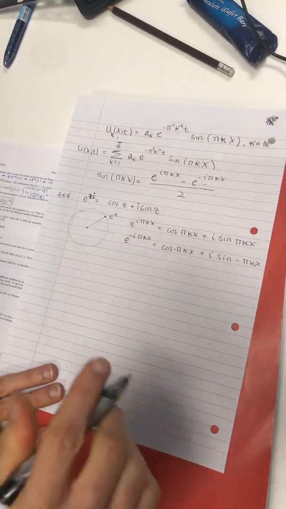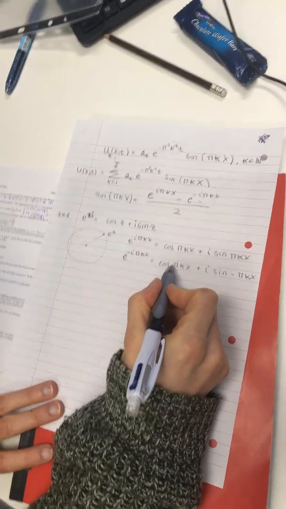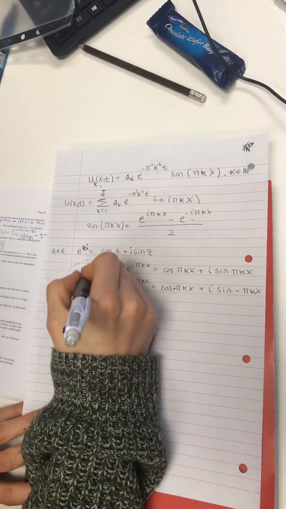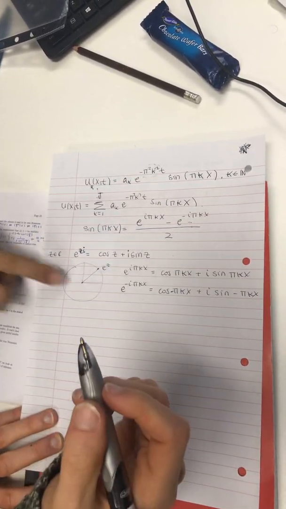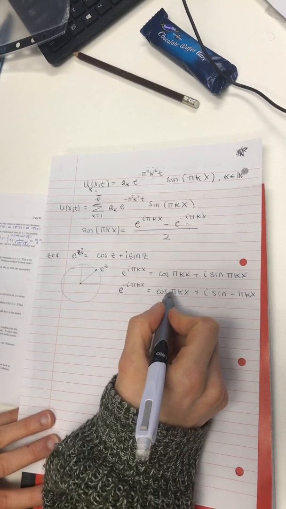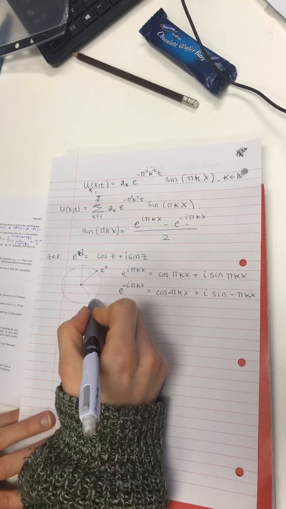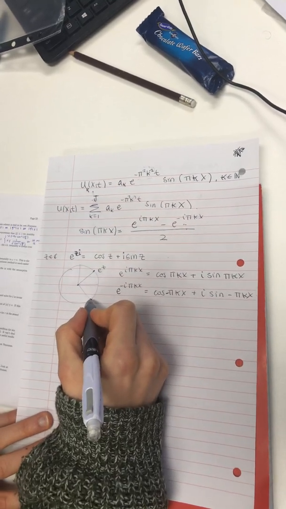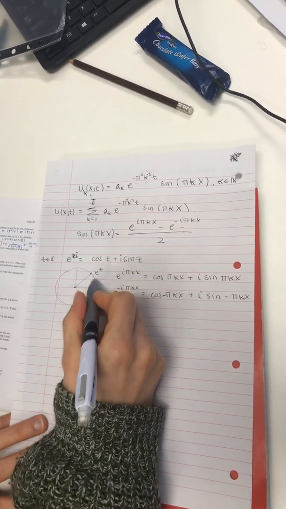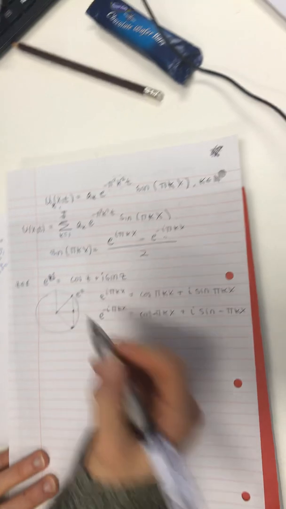The cosine of the negative is the same, so the cosine remains the same.